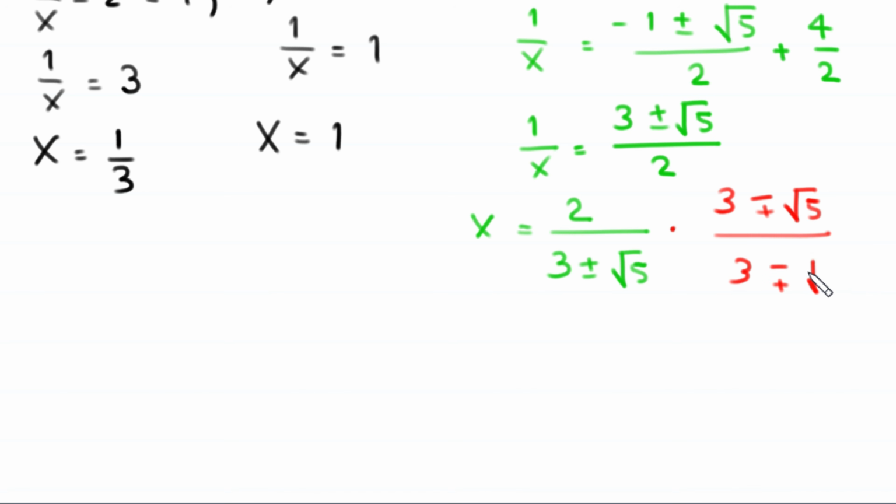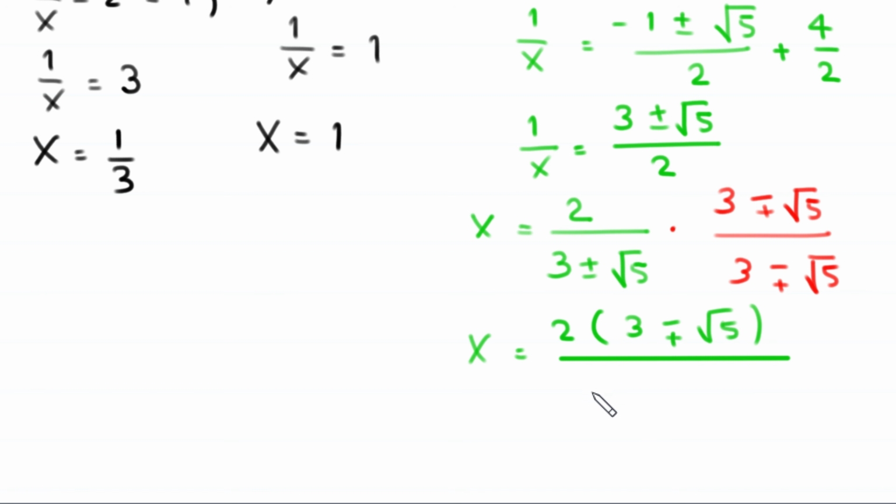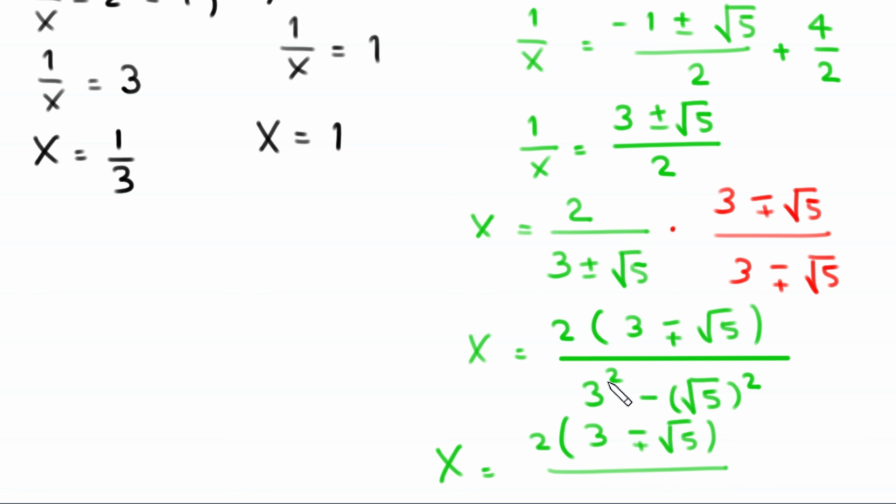So x will be equal to 2 times (3 minus plus root 5) divided by 3 squared minus (root 5) squared, and further simplify, x will be equal to 2 times (3 minus plus root 5) divided by, 3 squared is 9, and 9 minus 5 will become 4, and 2 one time, 2 two times.